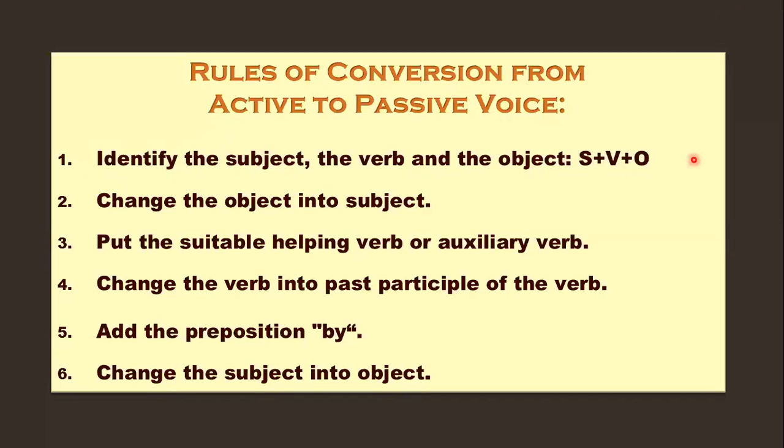That is the S and the V and the O. If you don't know what is the subject, what is the verb, and what is the object, then definitely you cannot change it. Okay? Because if you don't know whether the action is being performed or it is being received, then how will you change the voice? So the basic rule is identify the subject, the verb, and the object. Then the second rule, change the object into subject. That is, you interchange the places.